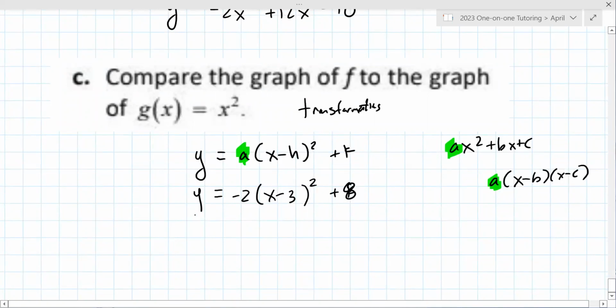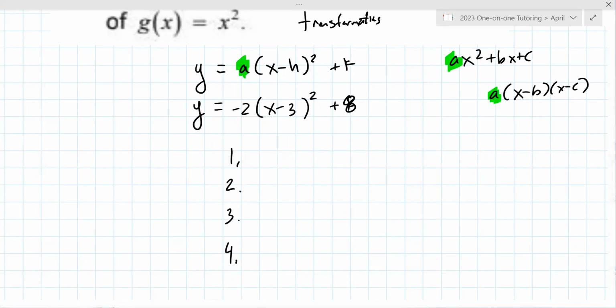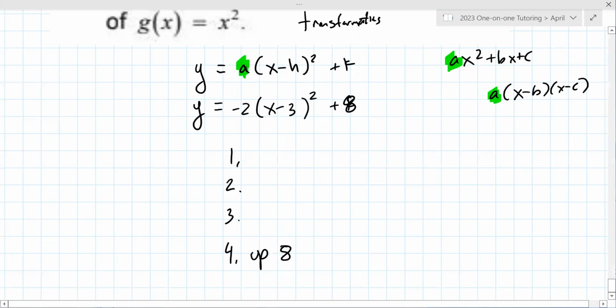Kind of neat. Now there are 1, 2, 3, 4 transformations here. I'll take them in any order. Up 8, to the right 3, reflection over x-axis, and then vertical stretch by a factor of 2.